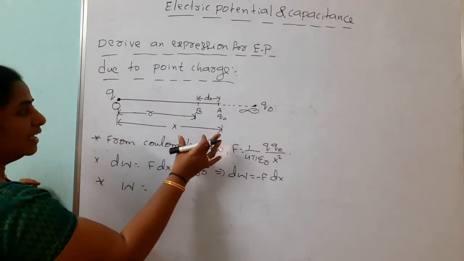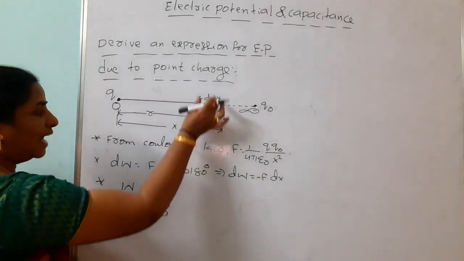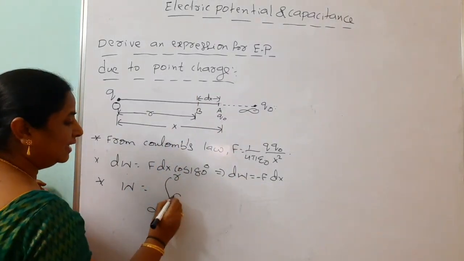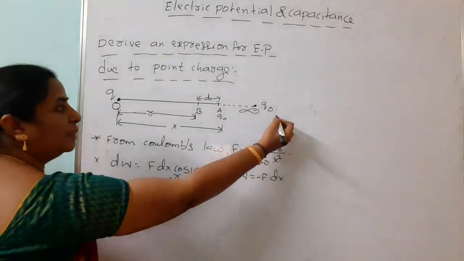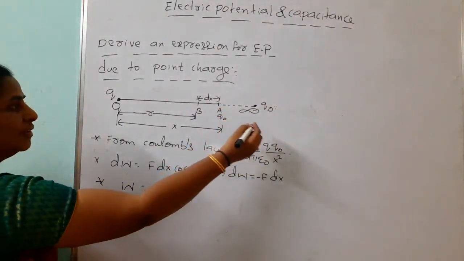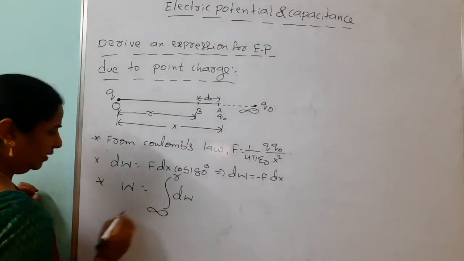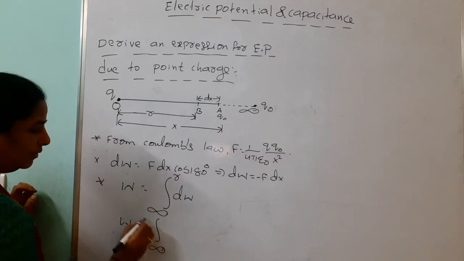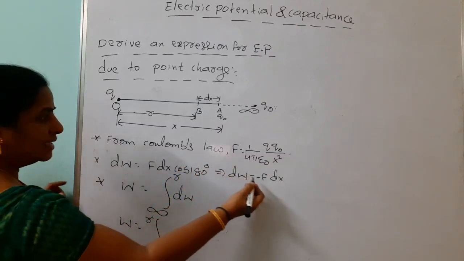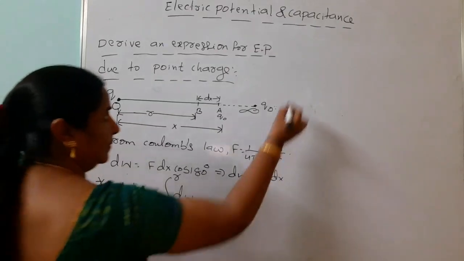How much work done? We don't know about this work done. We are calculating. That's why we know the fraction of work done dW. So integration of dW is giving how much work is required to bring the unit positive test charge from infinity to point B. Now look, instead of work done we are writing infinity to R. dW is the force into displacement, minus F into dx.